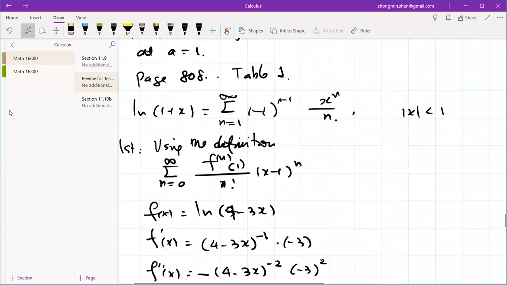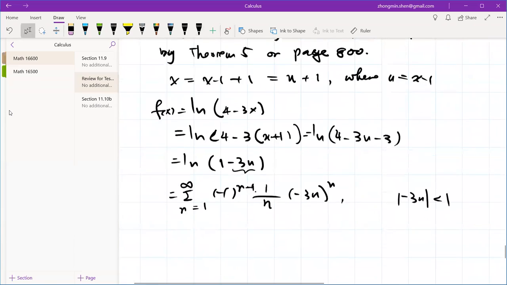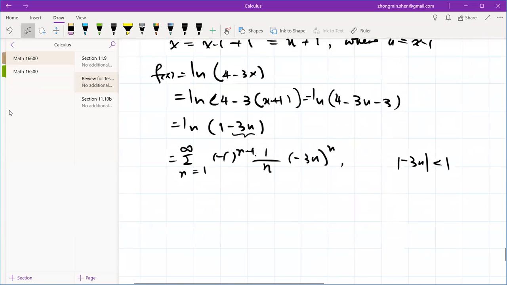This holds for absolute x less than 1. So here, in the place of x, it is negative 3u.